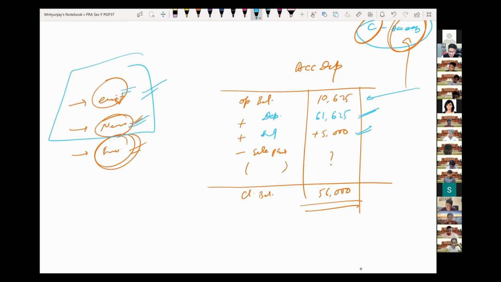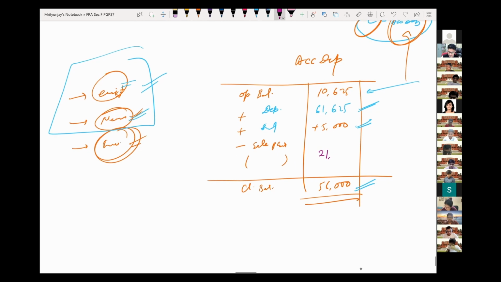And because of the sale of the plant, some accumulated depreciation should have fallen, and that is what results in the 56,000 closing balance. Now, can I find this missing information? Minus 21,250. Negative of 21,250 means the accumulated depreciation on the asset was 21,250.